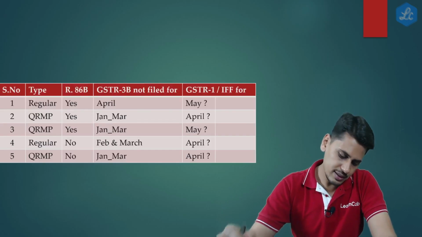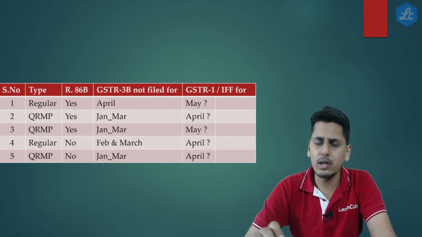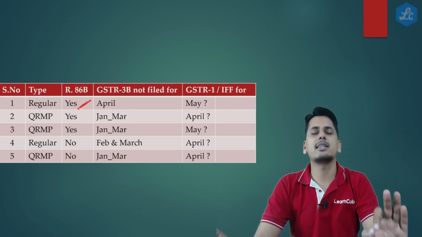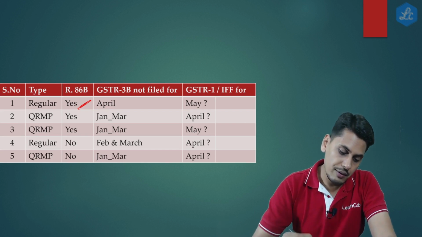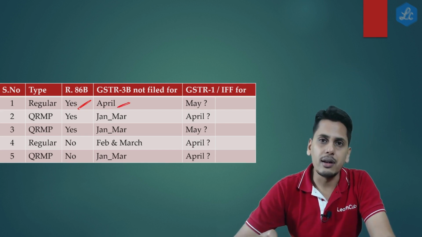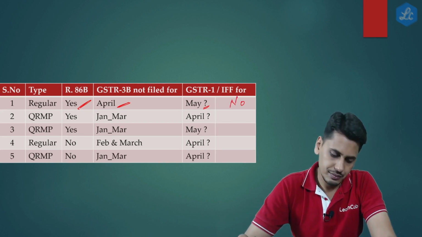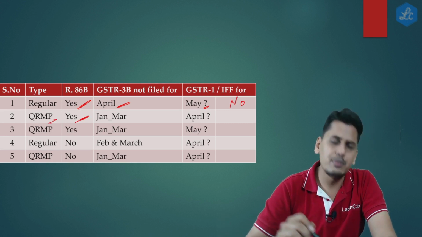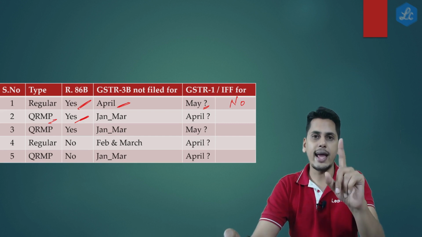Let's take an example, friends. Let's say the person is a regular person, which means not a QRMP person. Rule 86B is applicable. The moment Rule 86B is applicable, it is the preceding one tax period. If GSTR 3B is not filed for April, will he be allowed to file GSTR 1 for May? The answer is no. The person is under QRMP, Rule 86B is applicable, so it is the preceding one tax period.